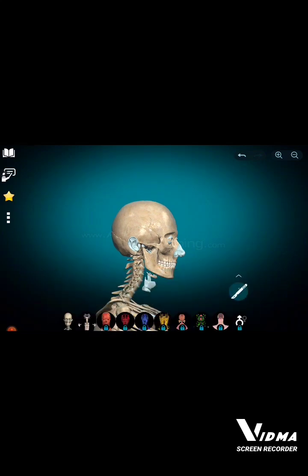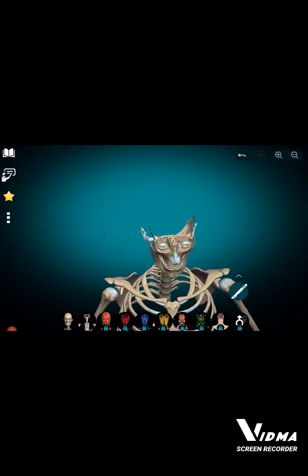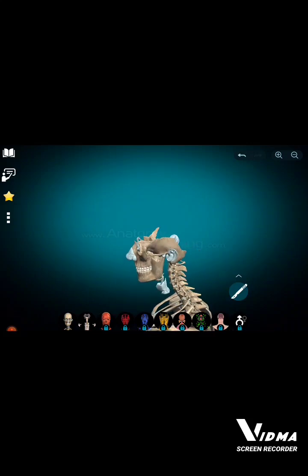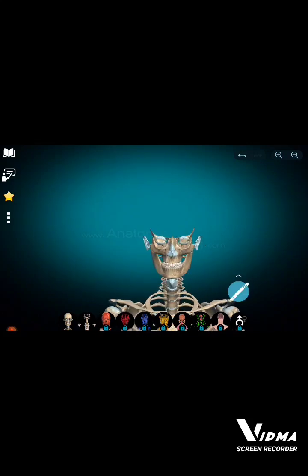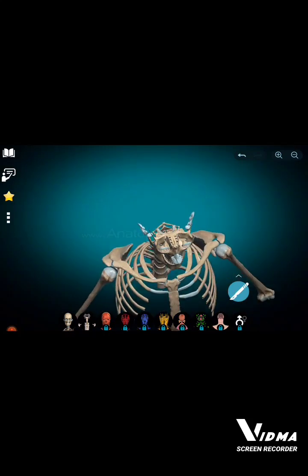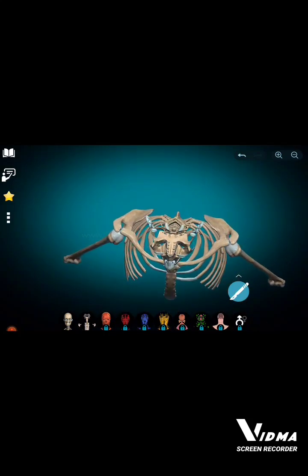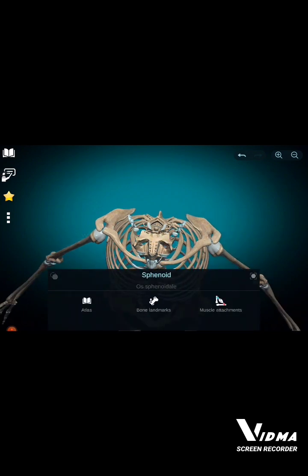When we remove the bones of the skull, so now we will see the sphenoid bone. See the bone that we are observing here, the sphenoid bone.